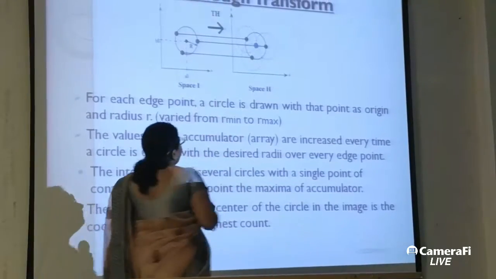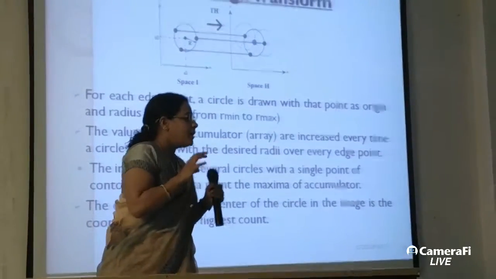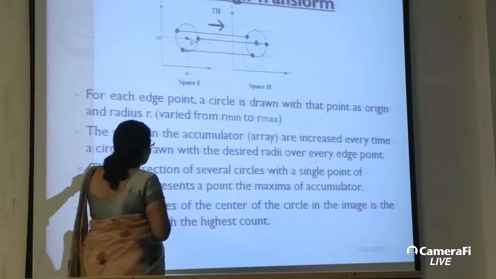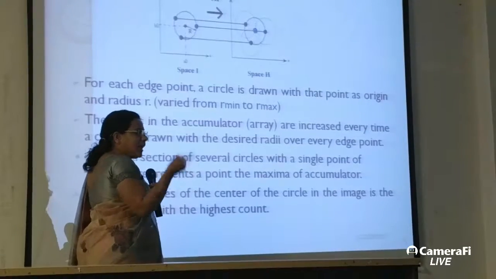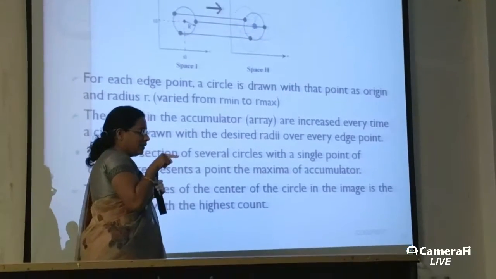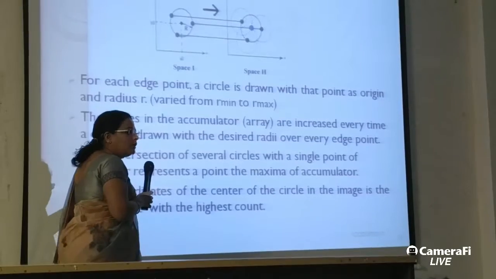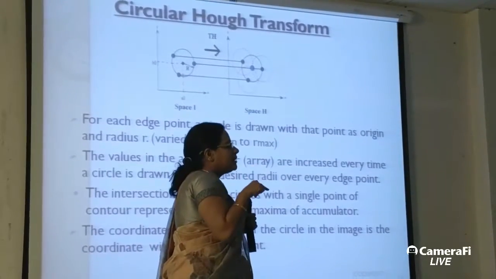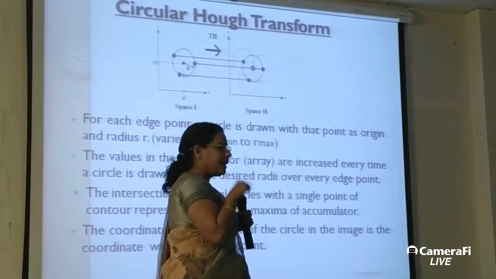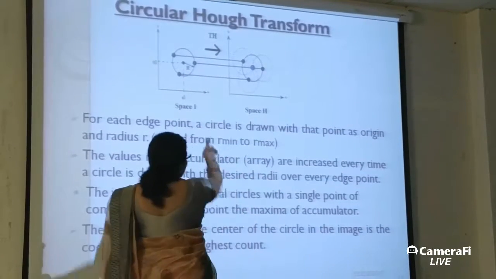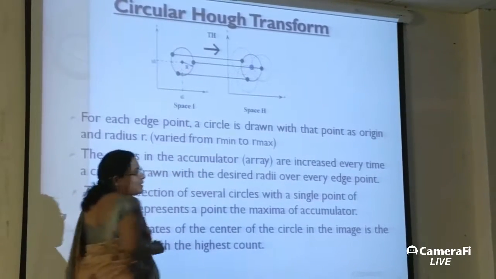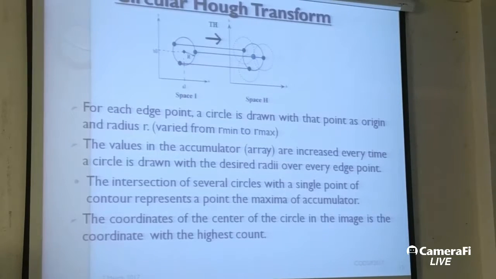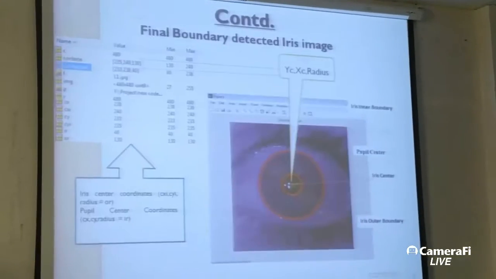The accumulator or Hough space is increased by 1 every time a circle passes through a point. So I will get the intersection point through which several circles are passing. The number of circles passing is maximum there, and that point will be considered as the iris center.